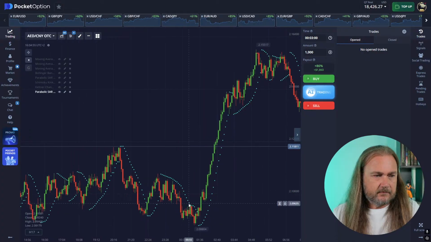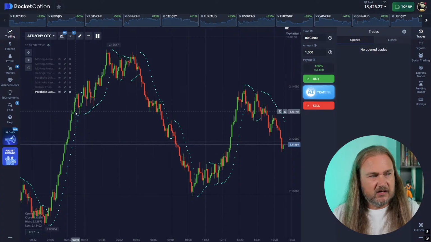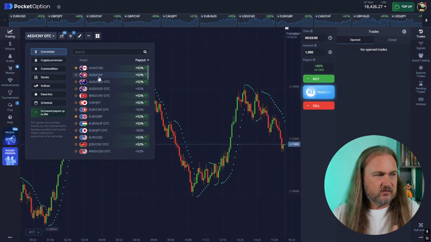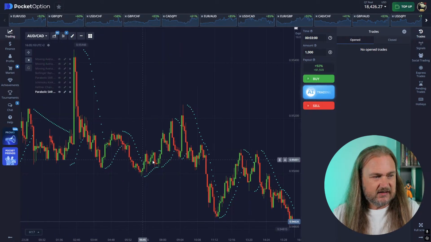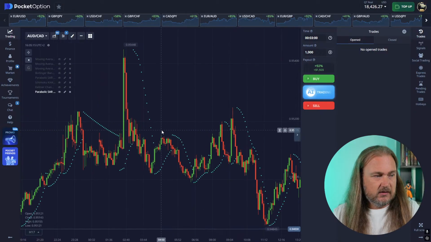And as you can see, it is pretty chaotic. If we look at it, we can see that it quite often pierces. You will see this on all assets, doesn't matter if it's real market, OTC. This is actually a great example of a market that's in range.